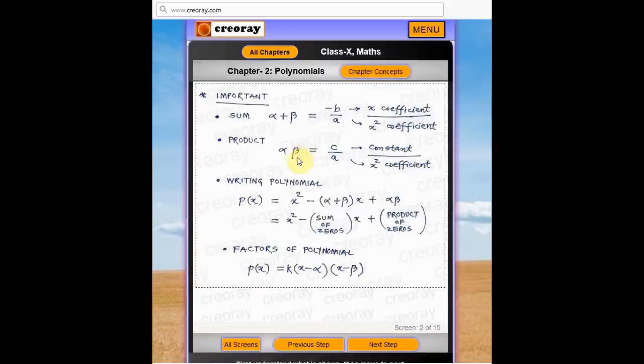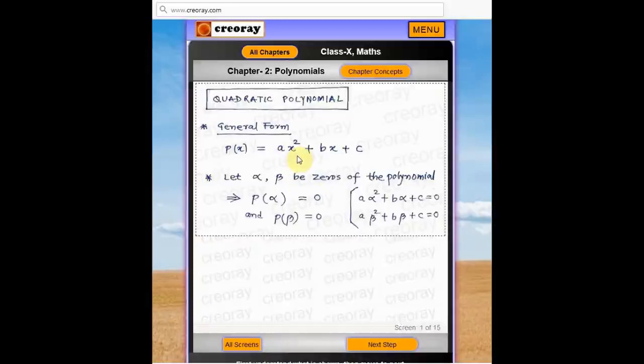The product alpha beta is given as c by a, that is the constant term divided by the x squared coefficient. So remember this general form, ax squared plus bx plus c. The sum alpha plus beta is minus b by a, and the product is c by a.